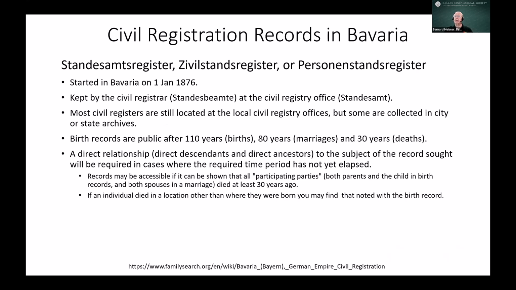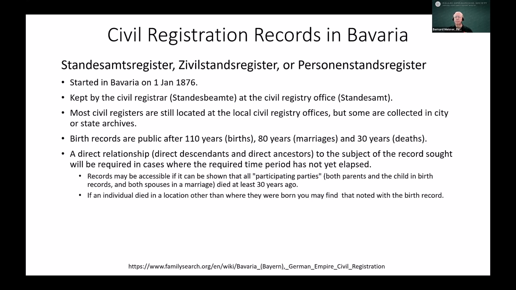Sometimes it may be a satellite village, and Meyers Gazetteer would hopefully tell you where the records, at least in 1912, were being formed. There were some changes in 1971, some of the boundaries. Okay, their privacy laws say 110 years for births, 80 years for marriages, 30 years for deaths, and that's nationwide.